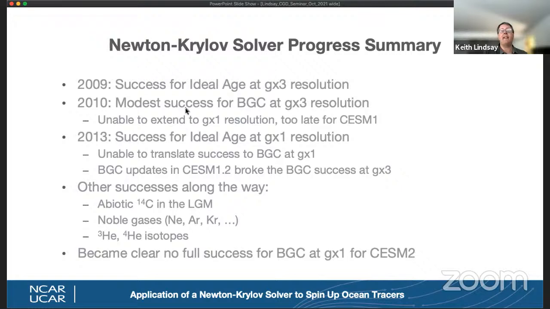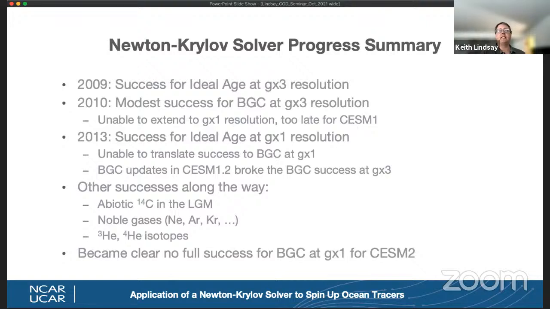We weren't able to get that to work. And as we were developing this technique, while the model development was going through different versions of CESM, it became clear that it was going to be too late to have this working for BGC for CESM1. That's why we did brute force spin-up for the CESM1 initialization.